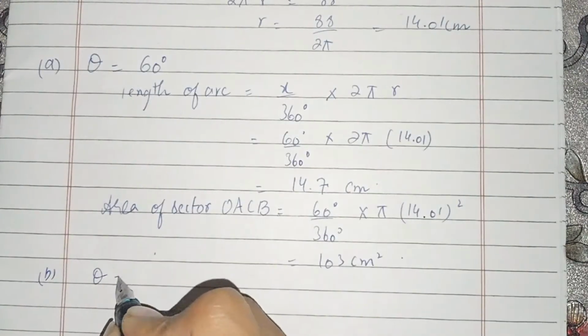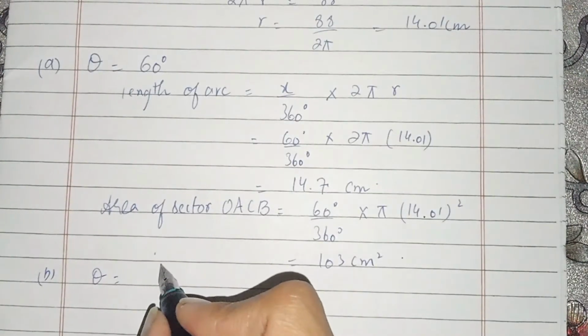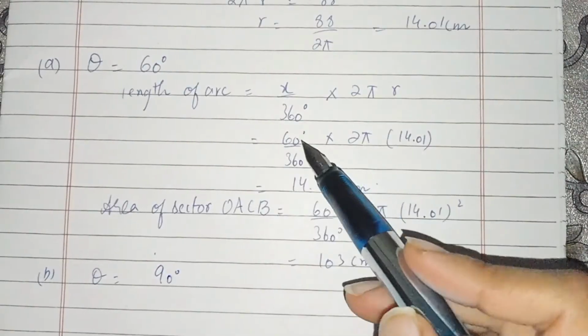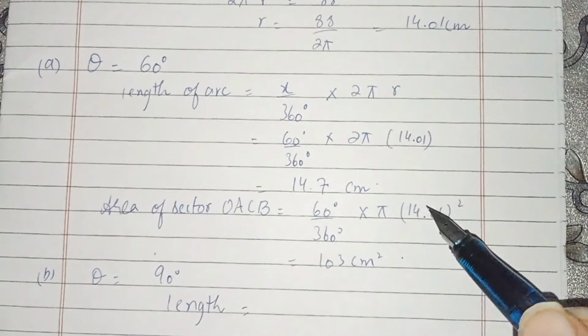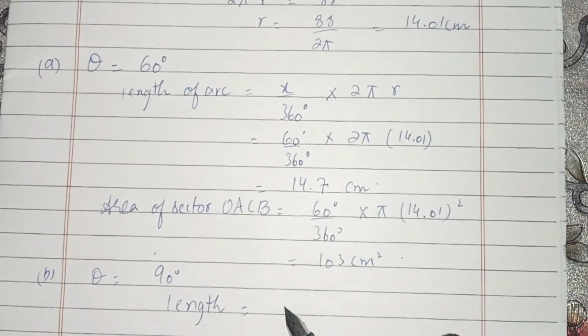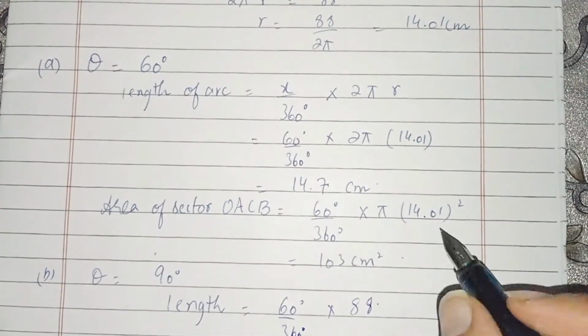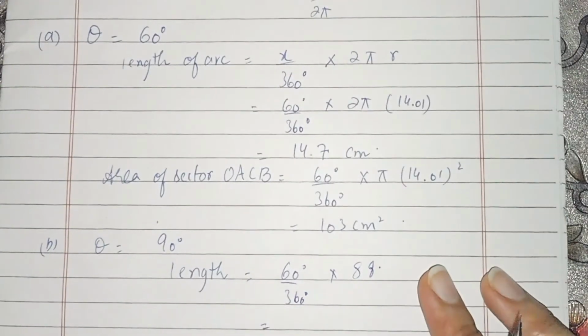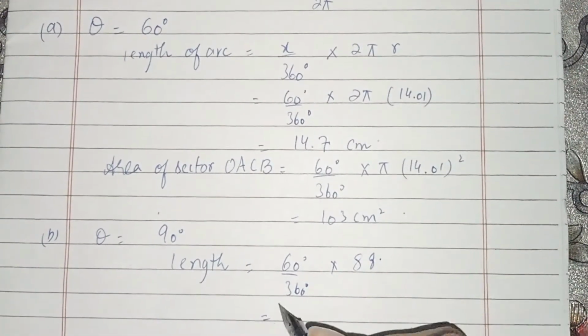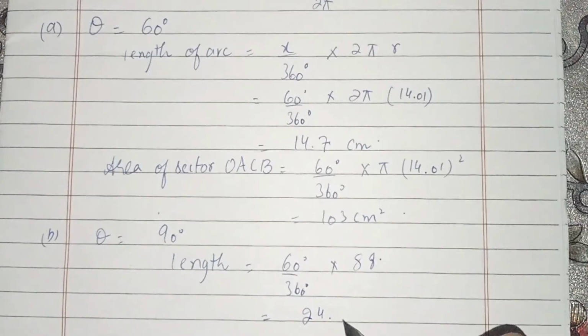In part number B, theta is given to us as 90 degrees. Only the value of theta is changed and everything else remains the same, and we can do it with a calculator. First we find the radius, then we put these values in. 90 over 360 degrees multiplied by 88, because that is the circumference which is given to us, and by solving it we get the answer 24.2 centimeter.